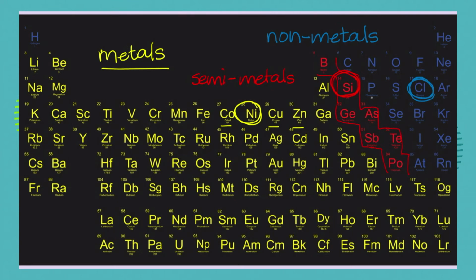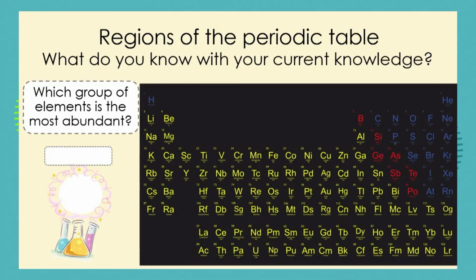So these are the three groups that we're going to explore over our next few lessons. We're going to understand what the properties are of metals, what the properties are of non-metals, and finally we will look at the semi-metals. So let's use our current knowledge, what we already know. We haven't looked at the properties in detail yet, but let's make some predictions.